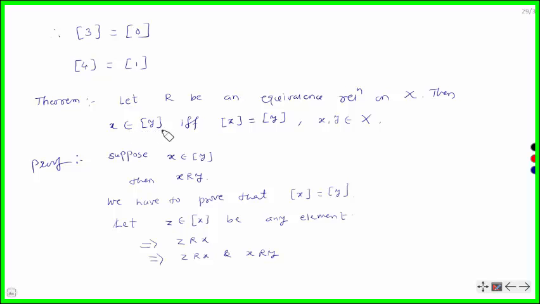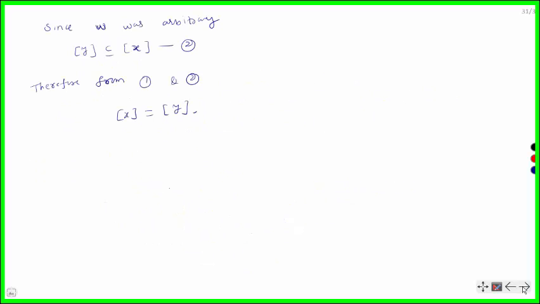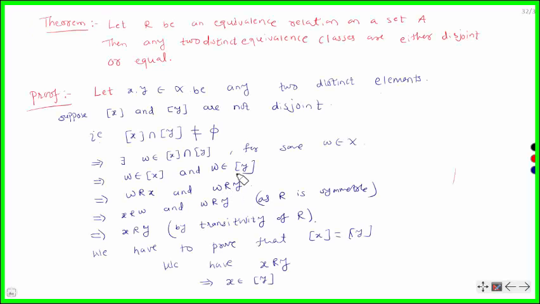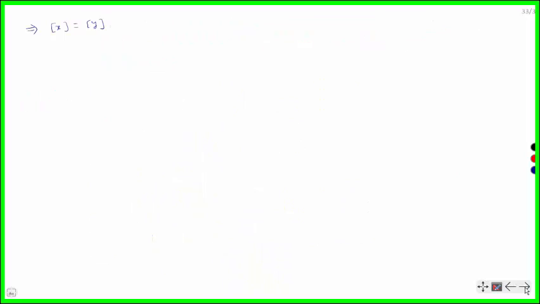So what did we prove here? If the equivalence class of x and the equivalence class of y are not disjoint, then they must be same.